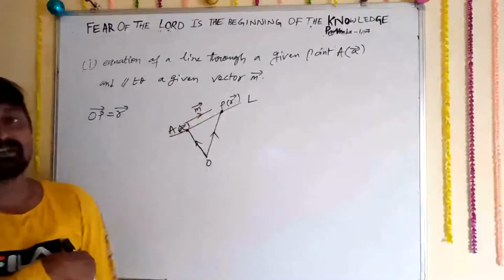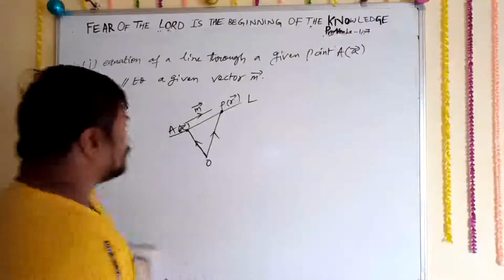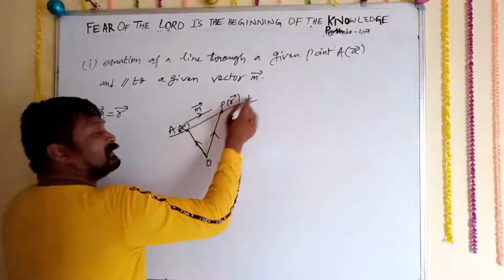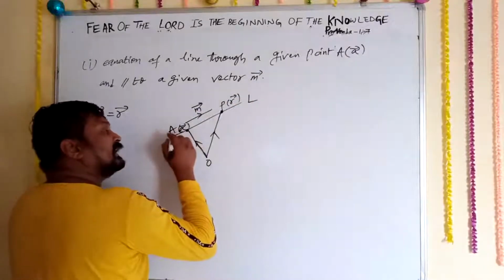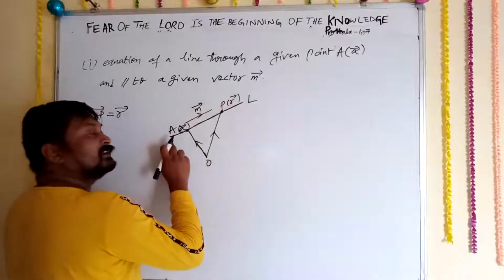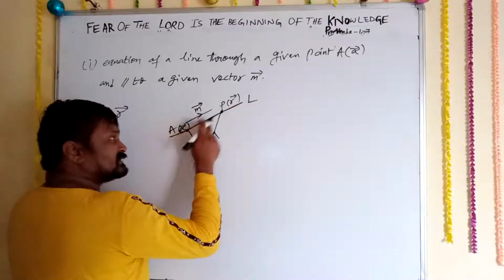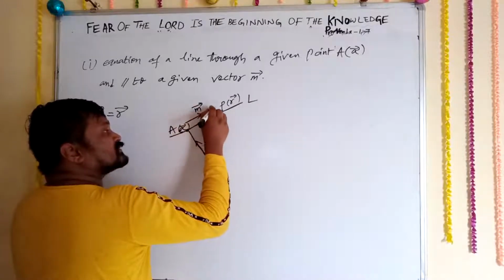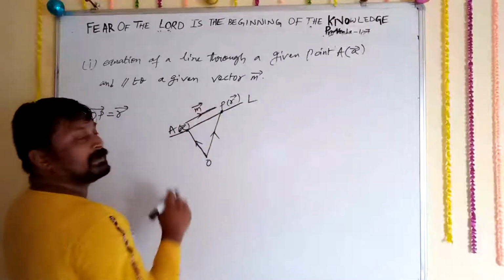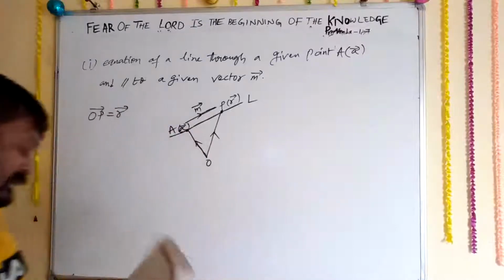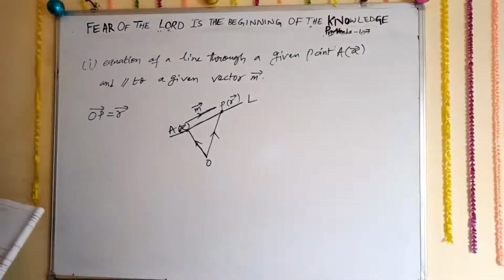Observe again carefully. Line L passes through the point A, and this line L is parallel to the m vector. You have to remember this. Then how to form the equation for that? Observe carefully, then you can understand it.